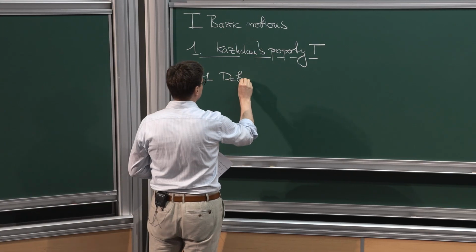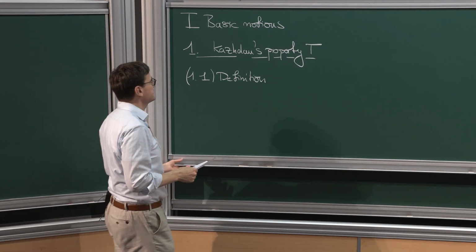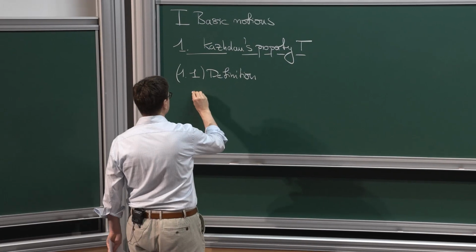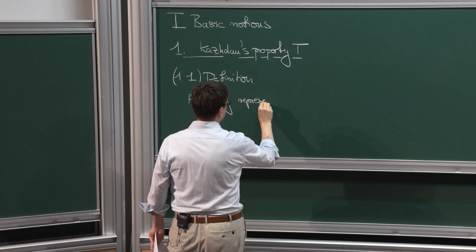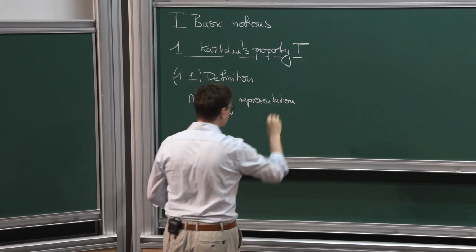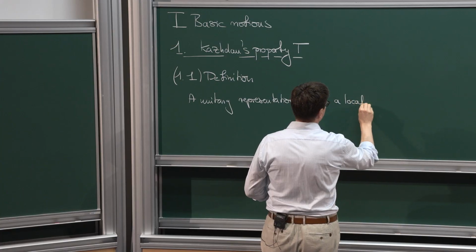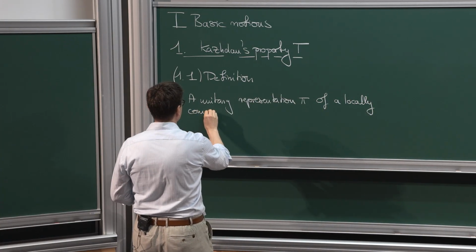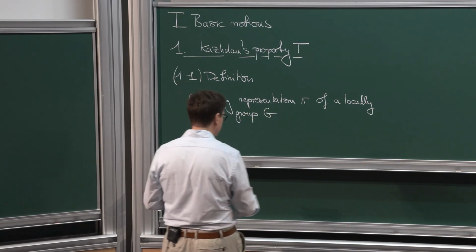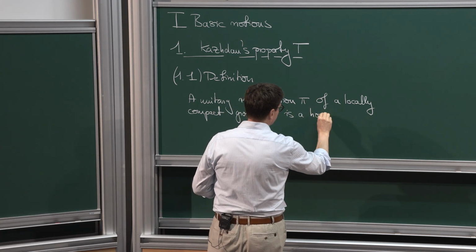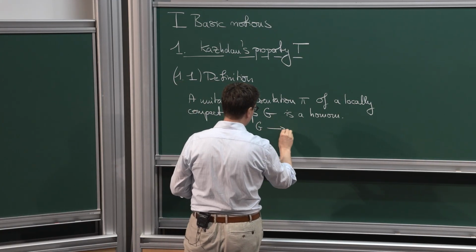So, definition of T. The definition is in terms of unitary representations, and let's say what a unitary representation is. A unitary representation of a group, usually discrete or locally compact, is just a homomorphism from G to the unitary operators of a Hilbert space.